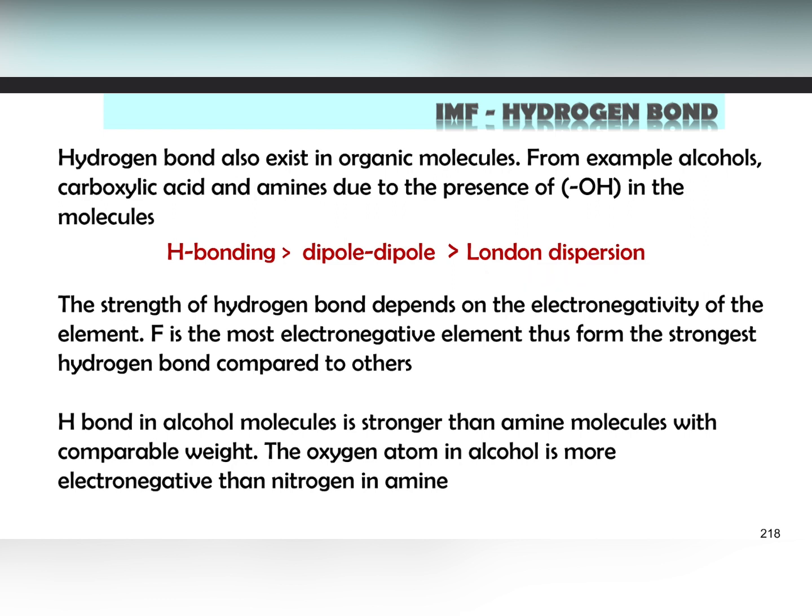Okay, the strength of hydrogen bond is depend on the electronegativity of the element. So kalau ada fluorine atom means it is the most electronegative element. Therefore, anything yang ada fluorine, it will be the strongest hydrogen bond compared to others. Okay, tapi dia ada exception. Nanti kita akan discuss lah after this.